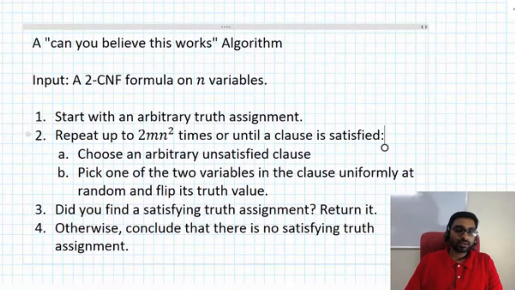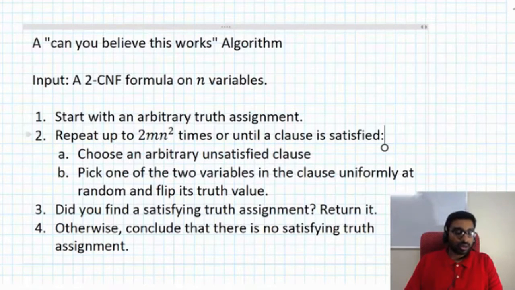So here we see a very, very simple algorithm. And I call it a "can you believe this works" algorithm, because the first time I saw it, it seemed a bit magical. So here's the algorithm. The input is, of course, a 2CNF formula, and there are n variables in it.